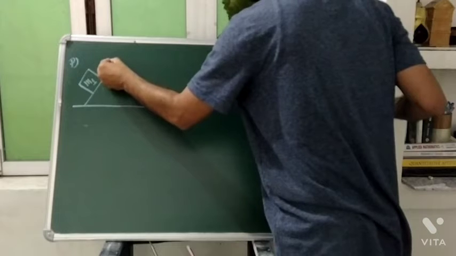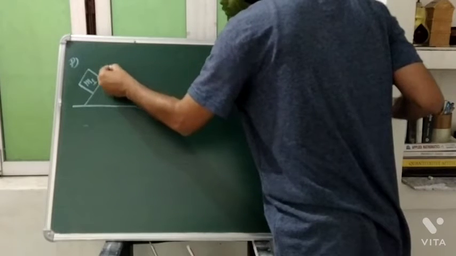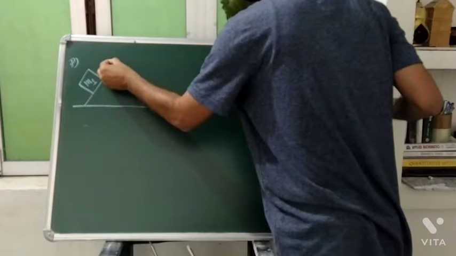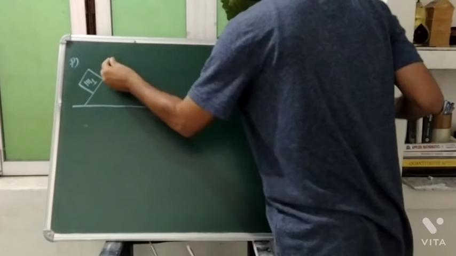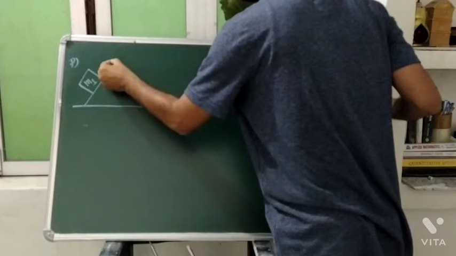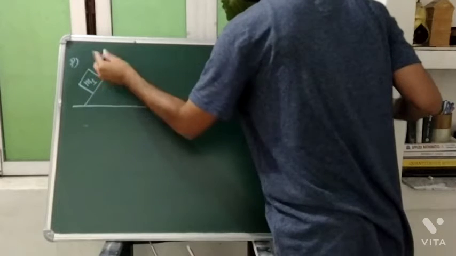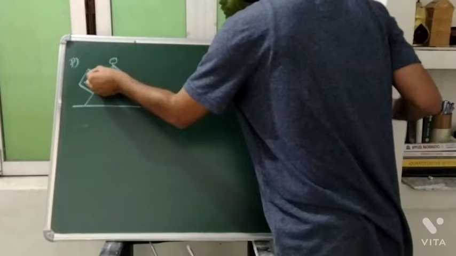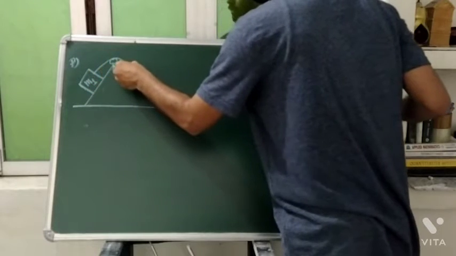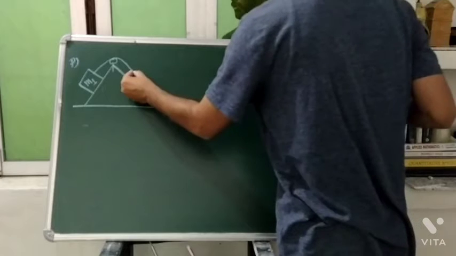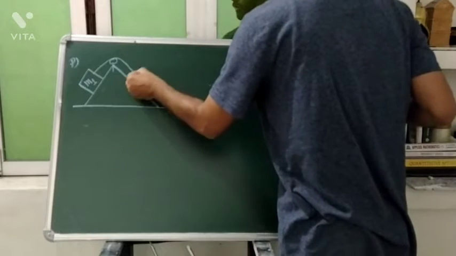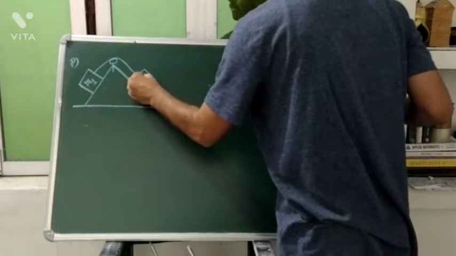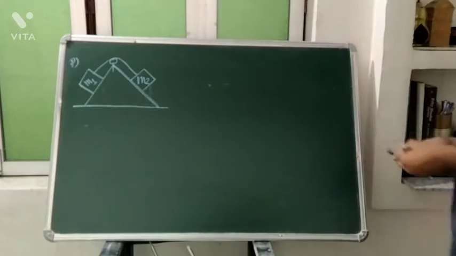The pulley is fixed here. We can make a pulley fixed to it. The pulley is present here. It should be visible to you. Okay, and here we have another block of mass m2.